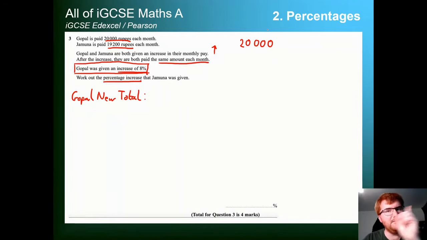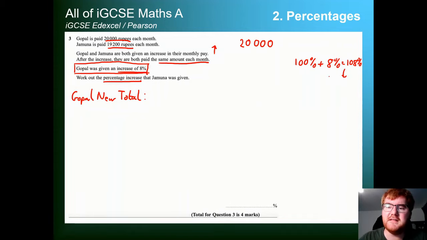I'm going to stick to my multiplier method. So we're increasing by 8%, so 100% plus 8% is equal to 108%. And then to turn it into a multiplier, we divide that by 100. Similar process to what we've done here. That gives us 1.08.